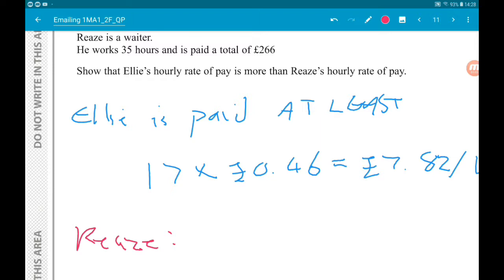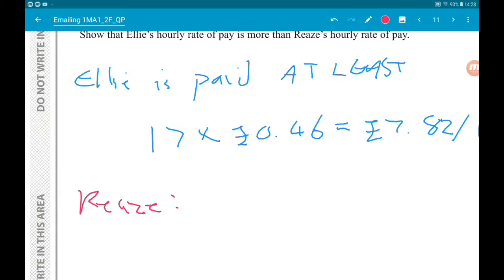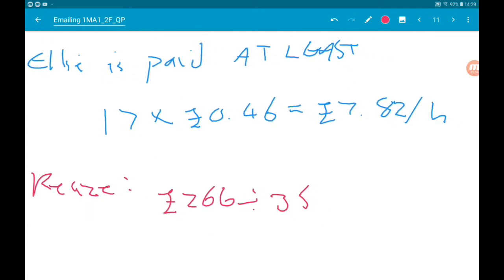So Reese gets £266 divided by 35, which gives us 7.6, so £7.60. So, we've shown Ellie gets more.